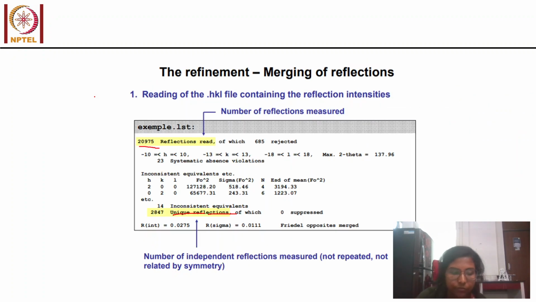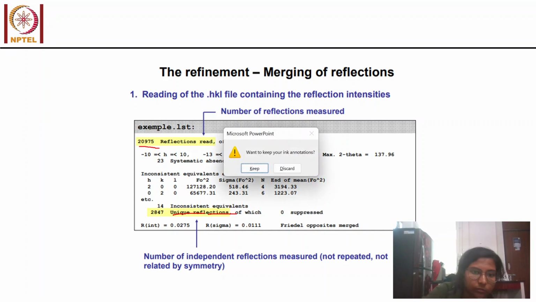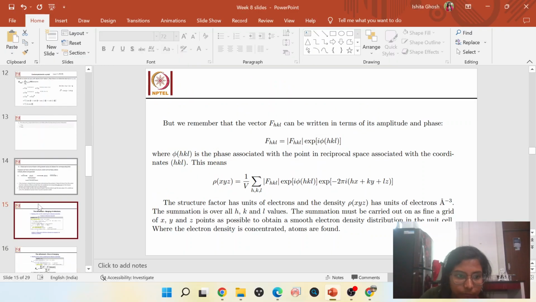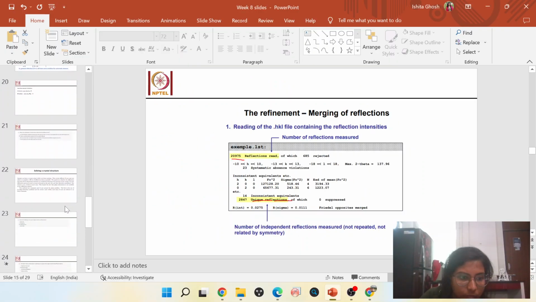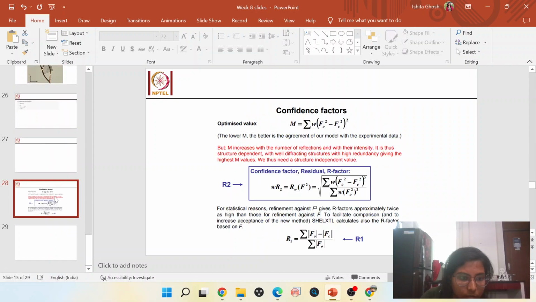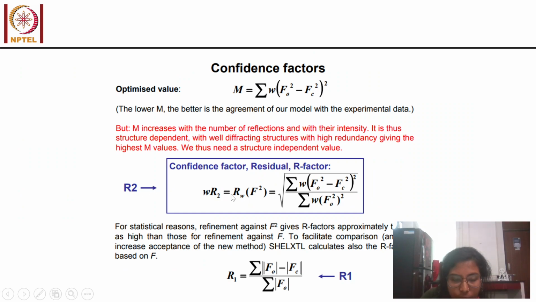WR2 is also a factor. So you can see this is my WR2. This R factor, or this R1, came later. As you can see, R1 is simply the difference between the observed and the calculated structure factors.